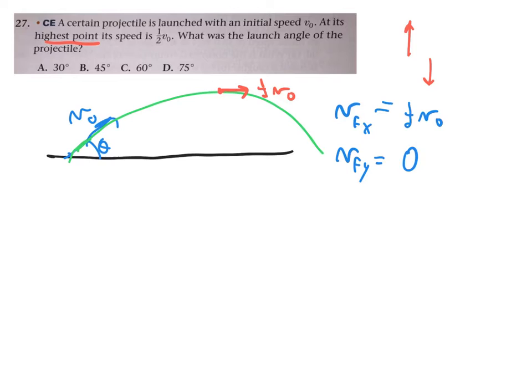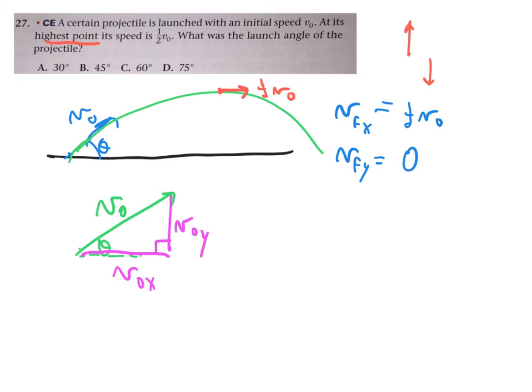Now, looking back at our original velocity, it has speed v0 and angle theta, and it can be expressed as components v0x this way and v0y that way, which are by definition at a right angle. So if we could find two of these sides, we could get the angle.